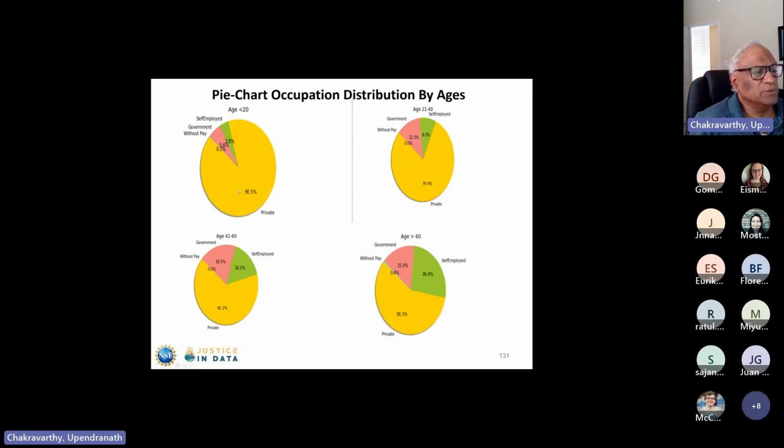Private seems to be more among the younger people as compared to the older people. And you can also see that as the age changed, more people migrated to government jobs. So you can see some stability, or some understanding of how things are happening.